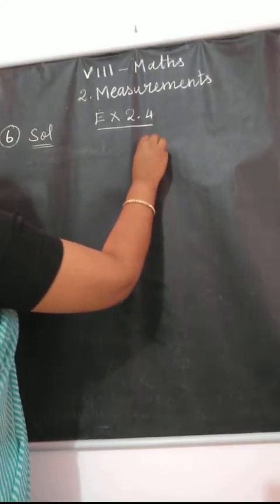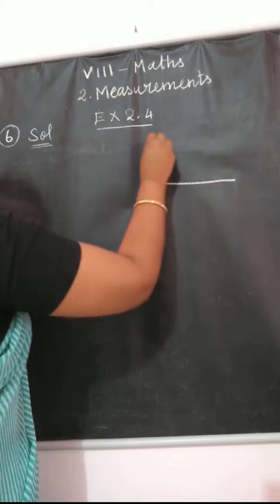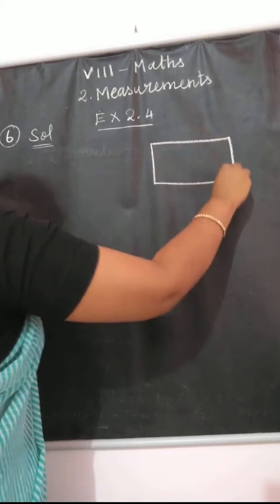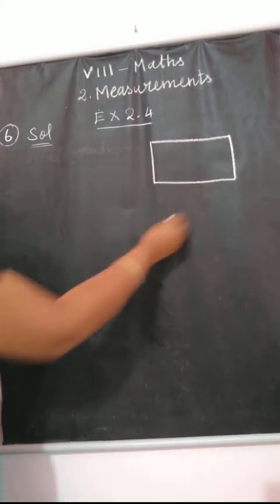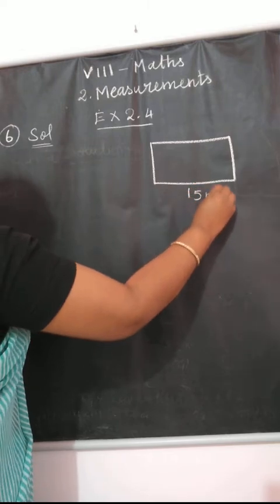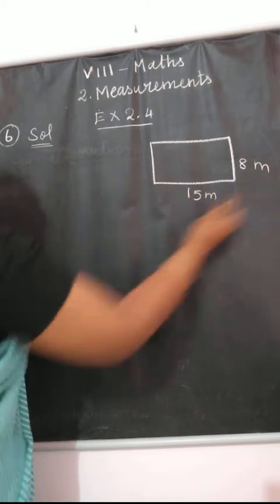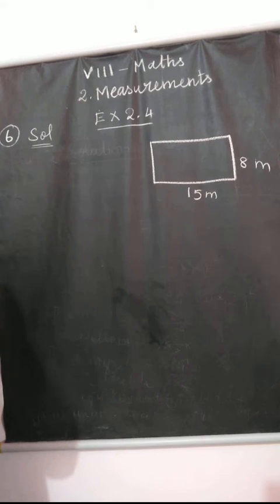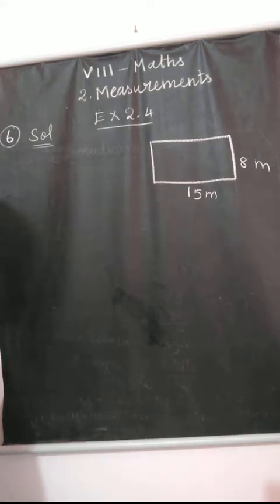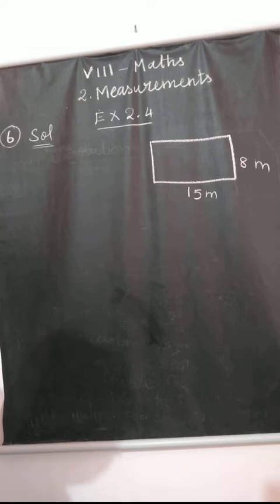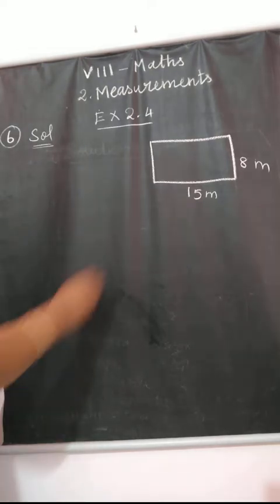Now listen. This is a rectangular field. These measures are given for you: 15 meter length, 8 meter breadth. Cows are tied with a rope of length 3 meter at the 4 corners.